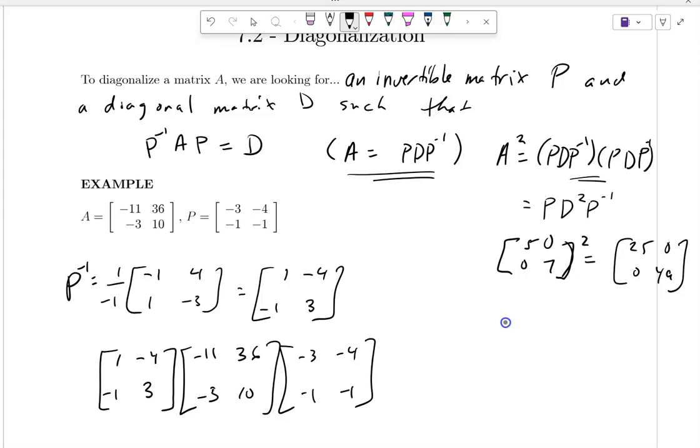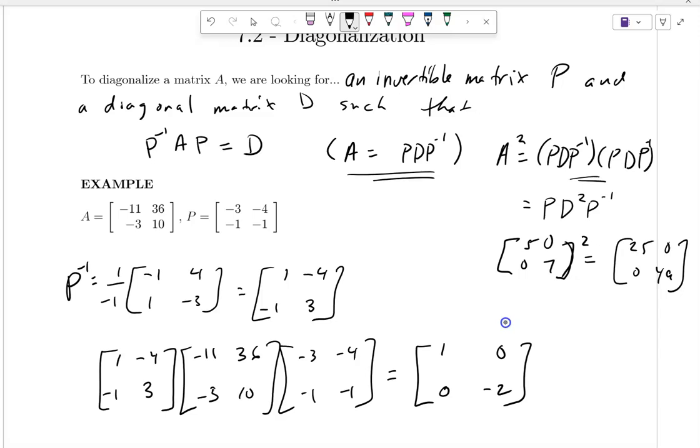And B is negative 3, negative 4, negative 1, negative 1. I know I'm out of time. If I do B inverse A B, when you do this, you should get 1, 0, 0, 2 when I'm done. Yes. I just put it in the calculator rather than doing it by hand. So I got 1, 0, 0, 2. So this is my diagonal matrix, right?